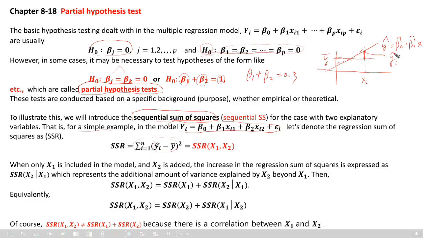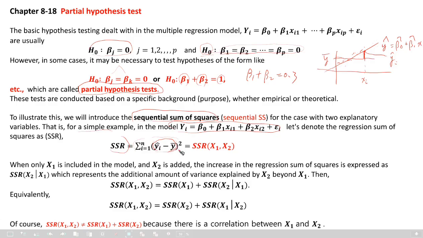Then this part is yi hat minus y bar. This is the slope. The slope explains your data; this line represents your data by a linear line. Then the slope is important: yi hat minus y bar, squared, and summed over all the cases, we call SSR.